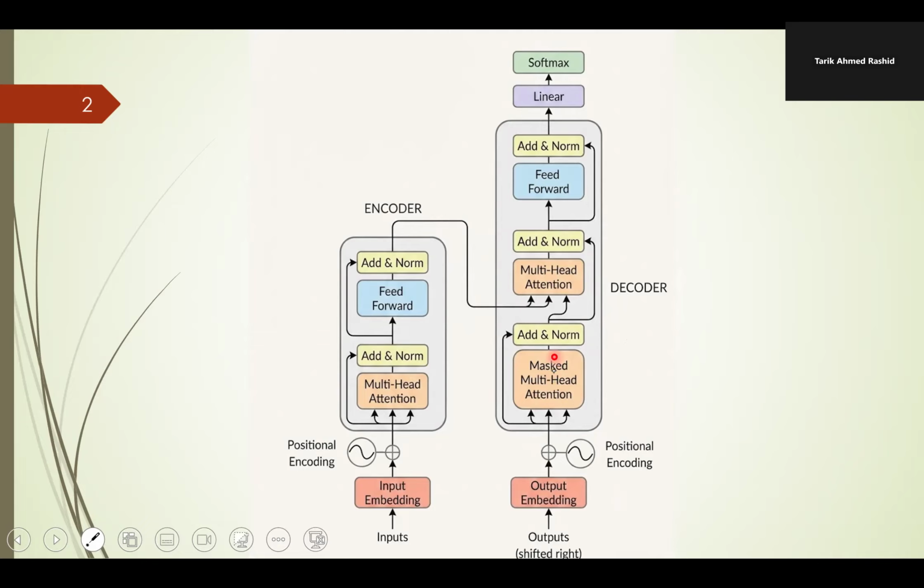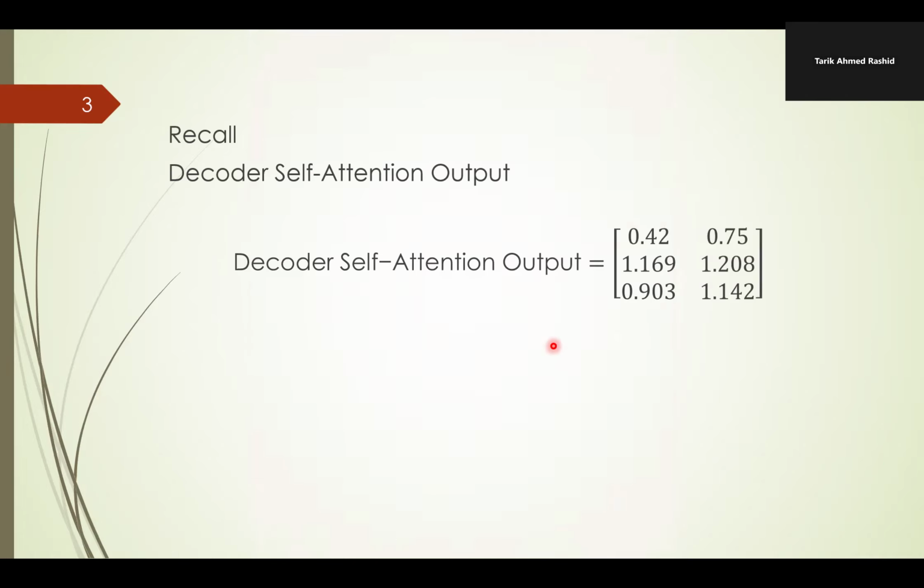So the output of this one is summed up with the original output that comes without going through the masked multi-head attention. So this line plus this line here. That's our task for this video.